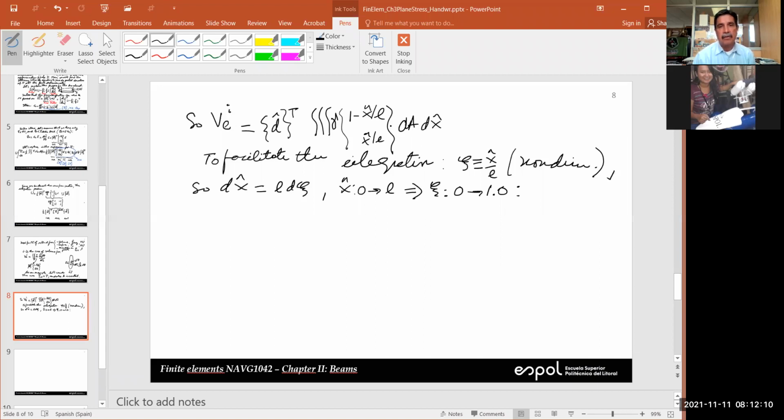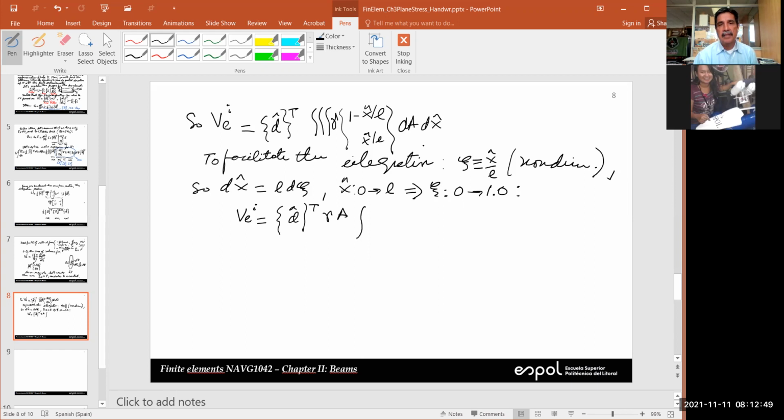So if we integrate in y and z, there is no dependence on y and z, so we get the area, and that area doesn't change with x. So we can take that outside the integration. Also, we consider that this is uniform, so we can take that outside, and we are left with this. So VE, in this specific case, is going to be D transpose, and here we have gamma A, which is weight per unit length.